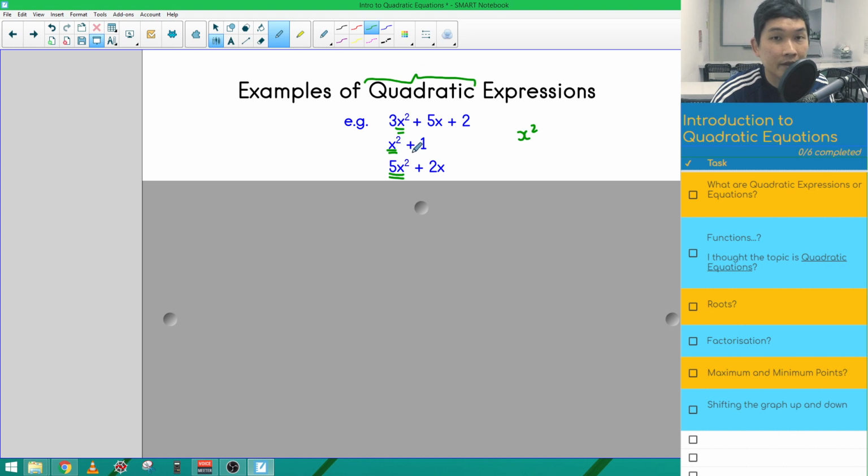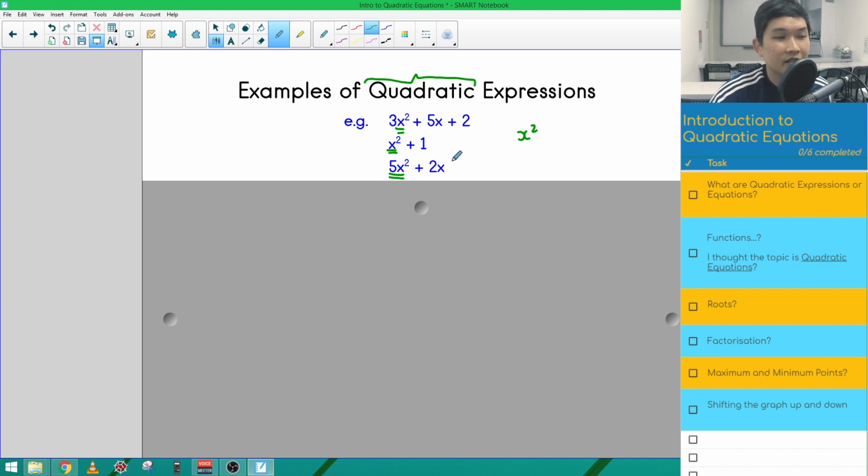We do not have a term in x, but we have a constant term. That's fine. It is still a quadratic expression. Now, the last one is also different from the second one. You have an x squared term. You have an x term, but you do not have a constant term. That's fine. It's still a quadratic expression because as long as you have your x squared term, you are quadratic.